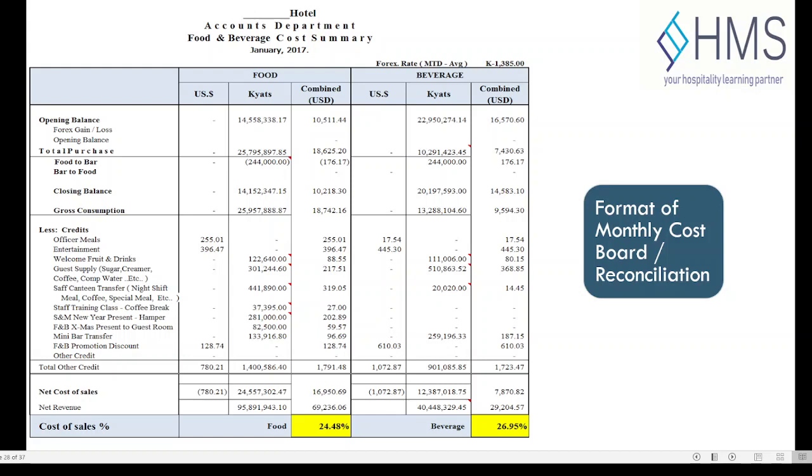What has been the consumption? And then out of that, what are the credits? Office meals, entertainment, drinks, any parties, any special use, and then finally the net cost of sales. And then you compare this against the revenue to calculate the cost of sale percentage. So it's a more detailed way to calculate the cost, right?